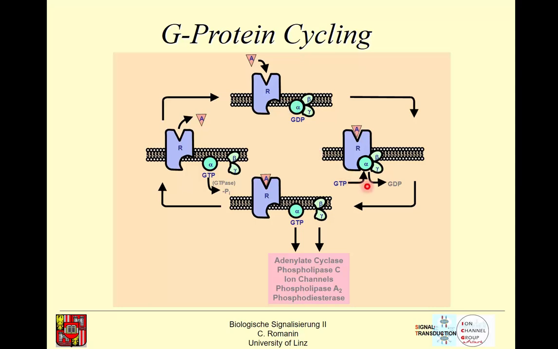The alpha subunit is the subunit which interacts with the activated receptor, that's the receptor for light. And when, due to the conformational change, the alpha subunit interacts with rhodopsin, the change in conformation is transferred onto the alpha subunit of the G protein.